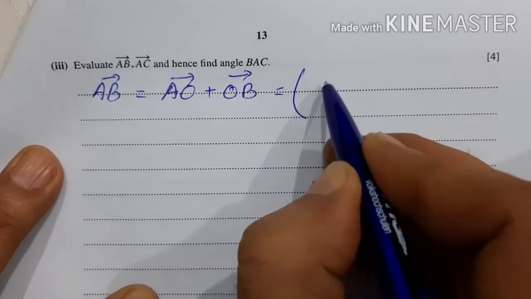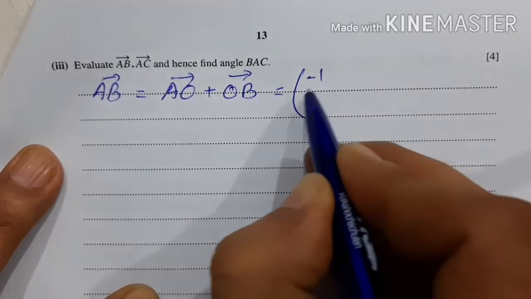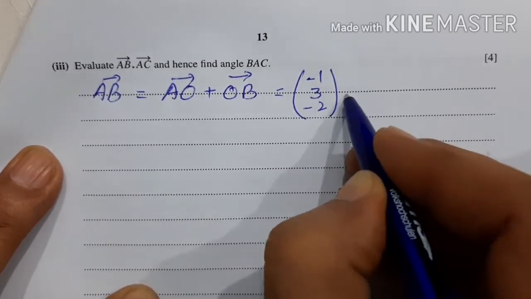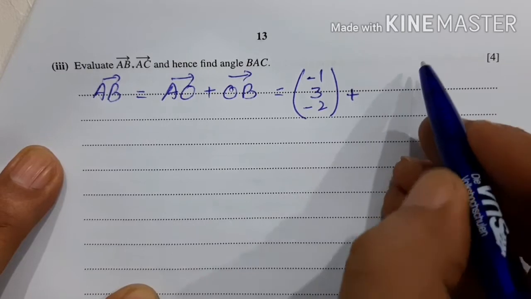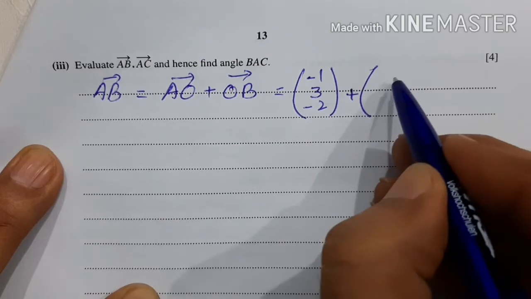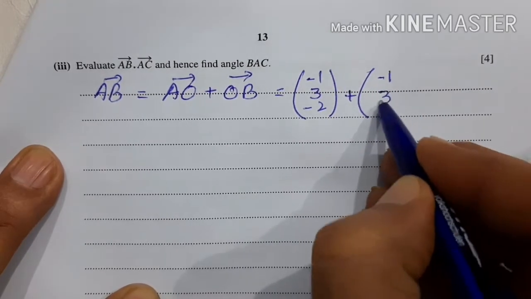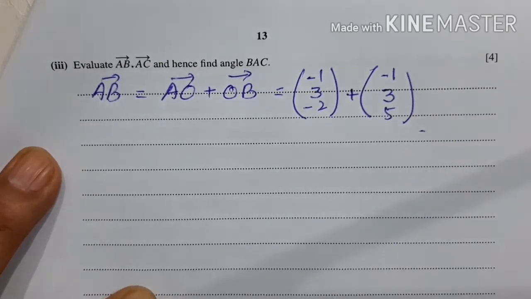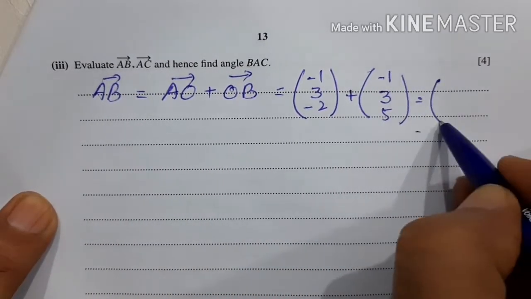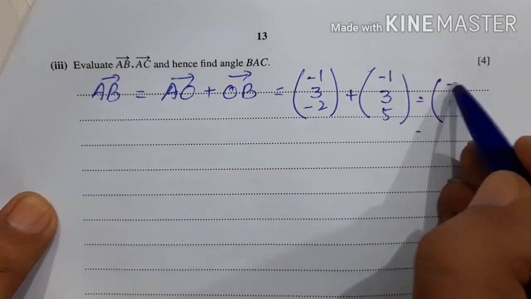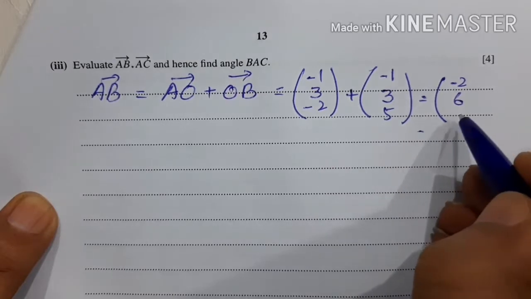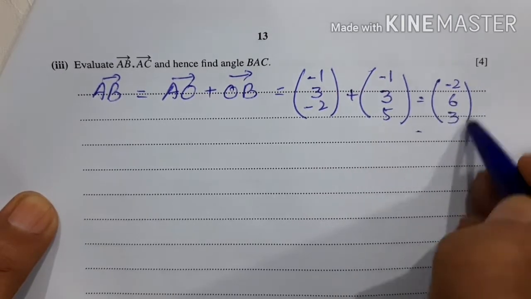AO, again the negative of OA from part 1, is (-1, 3, -2), plus OB, from part 1 again, (-1, 3, 5). By adding them we get (-2, 6, 3). This is our AB.